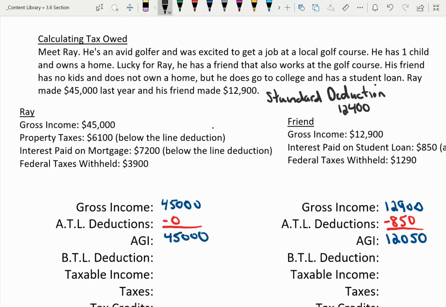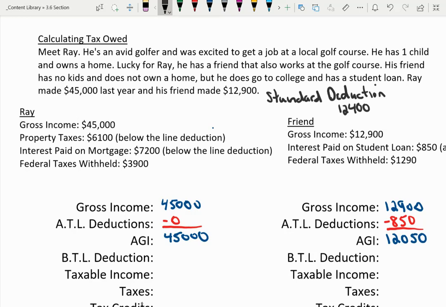Now, you have another option. Instead of taking the standard deduction, you could do an itemized deduction. So there's two things that can be considered as itemized deductions. And Ray's got them. It's for his property taxes and also the interest that he paid on his mortgage. So he has a home, and to live in that neighborhood, you have to pay the property taxes.